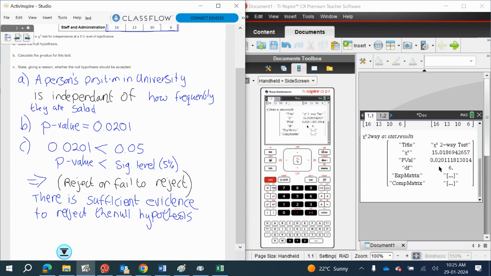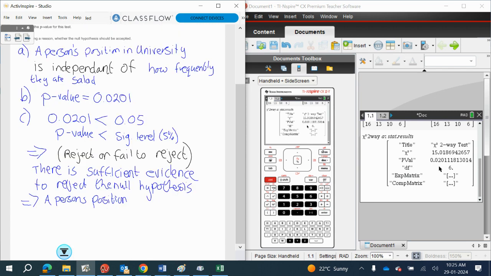What does that mean? A person's position in university is not independent of how frequently they eat salad. So when we're talking about the null hypothesis, we can never use accept. We have to use independent and reject.